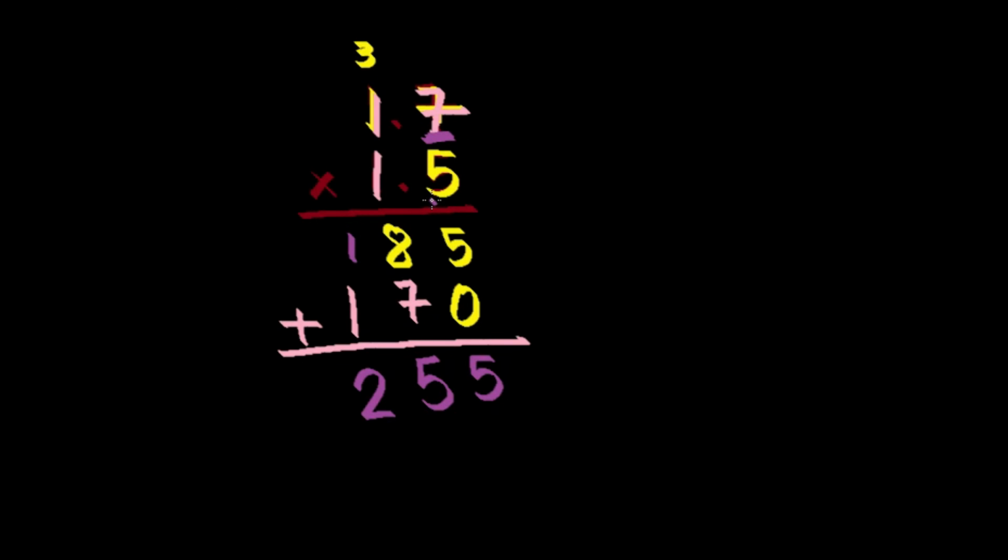The second factor has a 5 after the decimal point, a second digit. So 2 digits in my factors means that my product must have 2 digits after the decimal point as well. This number 5 is the first digit. This other number 5 is the second digit, and this is where I am going to place my decimal point for a final product of 2 and 55 hundredths.